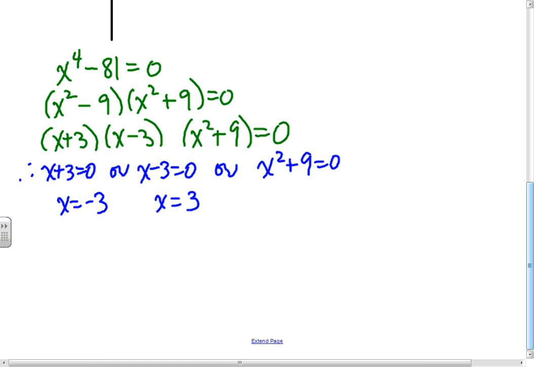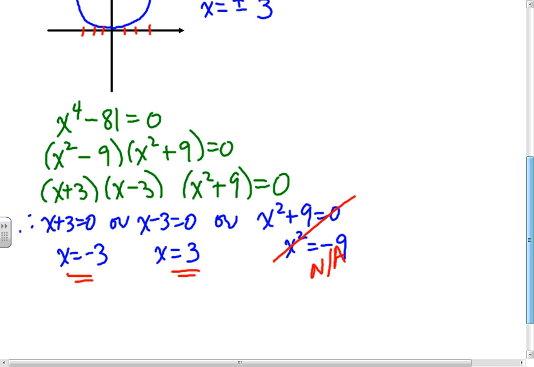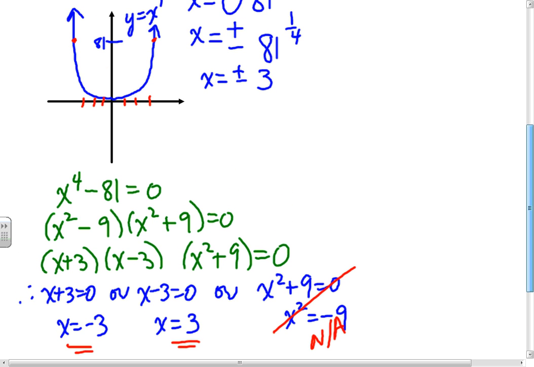But x squared plus 9 equals 0 is saying, when is x squared equal to negative 9 if you were to subtract 9 from both sides? That doesn't ever happen. X squared can't be a negative number, so that doesn't give us any solutions to the problem. The two solutions to the problem are here and here. But a graph can be very helpful in explaining why there are two possible solutions to that problem.